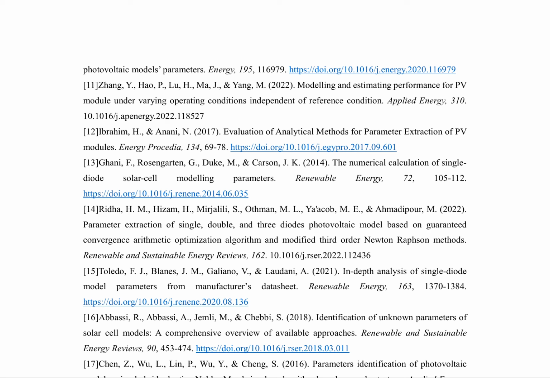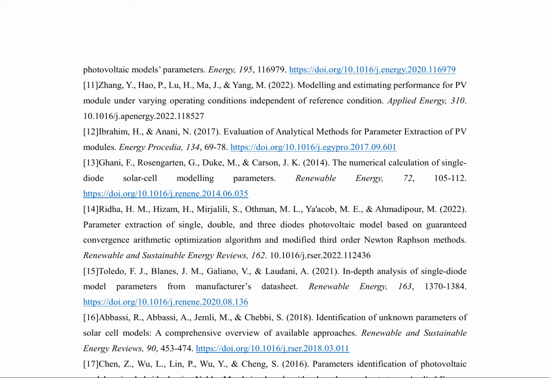Parameter extraction methods for photovoltaic models have been extensively reviewed, citing 24 research papers published between 2013 and 2024. These papers focus on estimating parameters of single-diode, double-diode, and 3-diode photovoltaic models, as well as more complex models with 5 and 7 parameters.